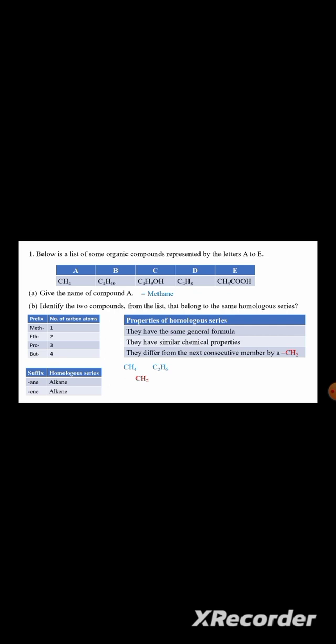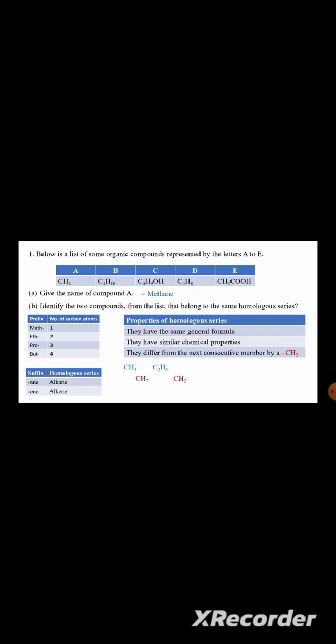So we are going to add until we get the 4 carbon atoms. We add the same because they differ just by this. So we add 2 carbon atoms there, plus 1 carbon atom in red, which gives us 3 carbon atoms.